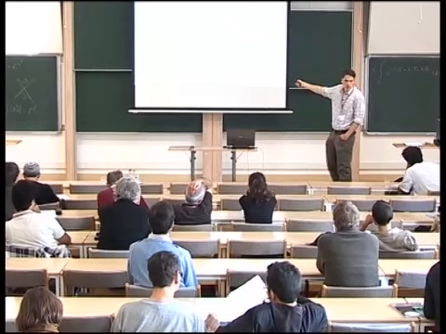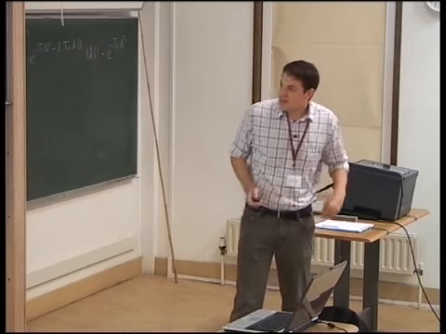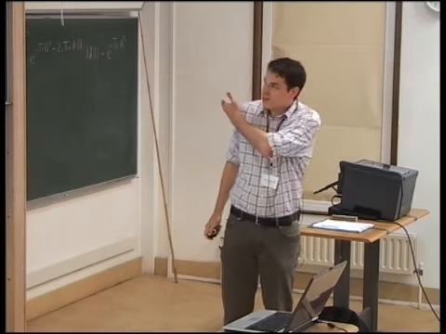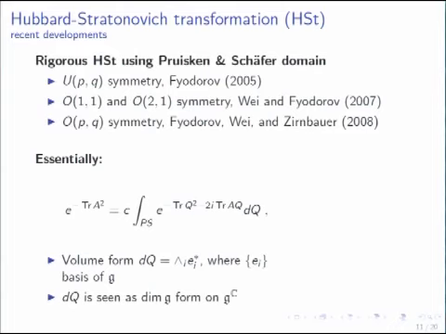So what has to be changed about this formula? Well, essentially, it looks the same, but the real difference is here in the measure. The message is that you should not integrate against the flat Lebesgue measure as a density, but against a volume form. So what do I mean?